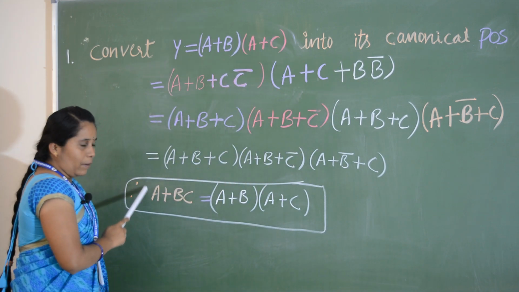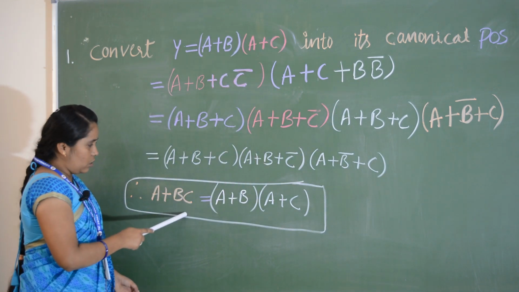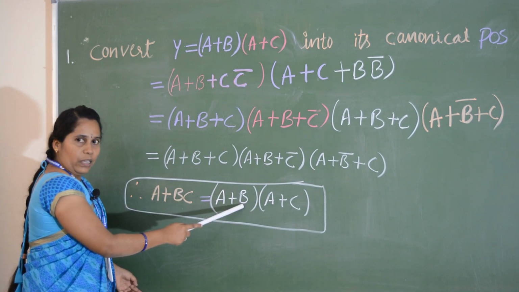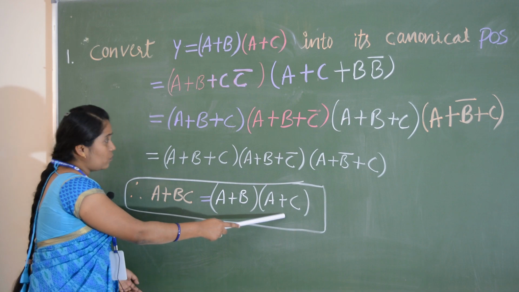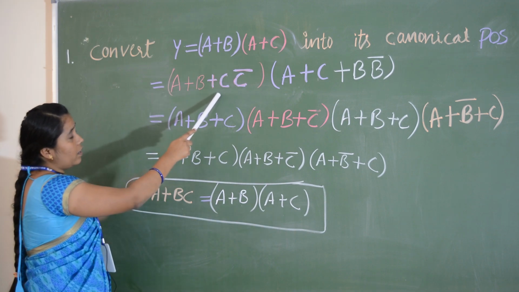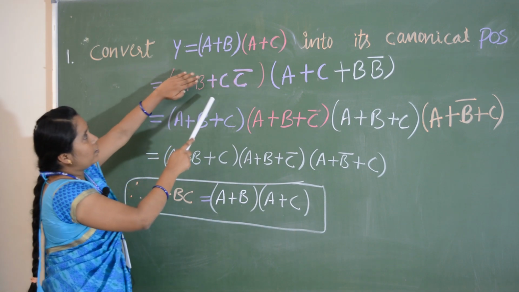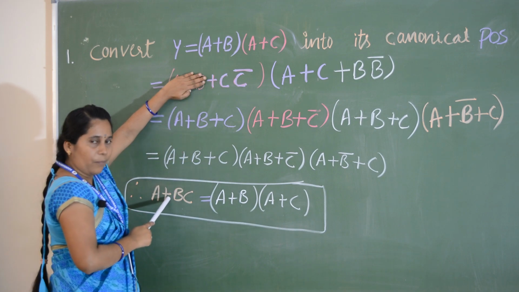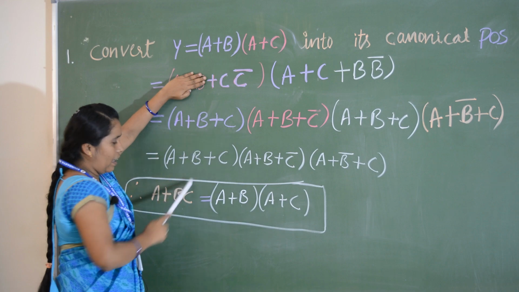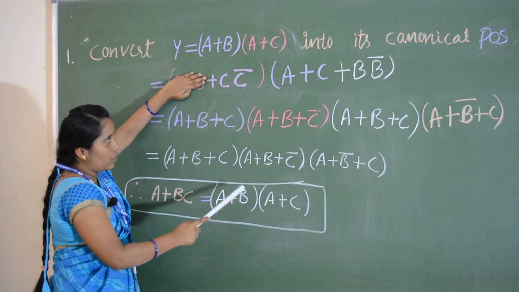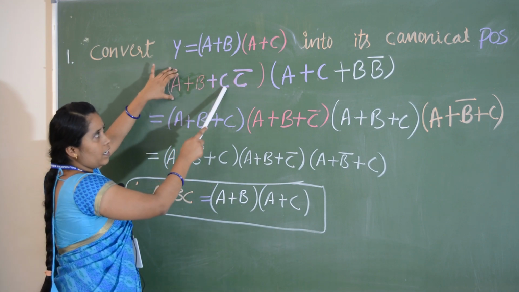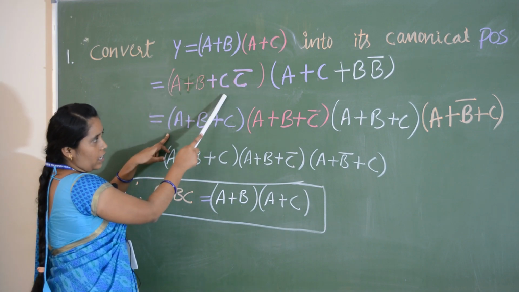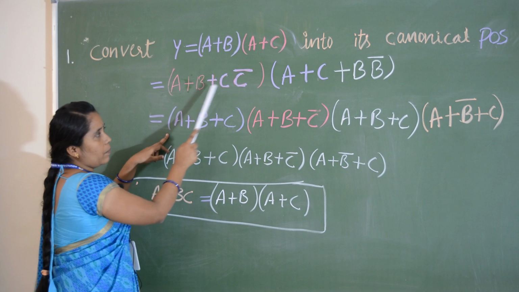Now apply this rule. According to this rule, A plus BC is equal to A plus B into A plus C. So in this expression, this A plus B is assumed as A and C into C bar as BC. According to this, A plus B plus C into C bar is equal to A plus B plus C into A plus B plus C bar.